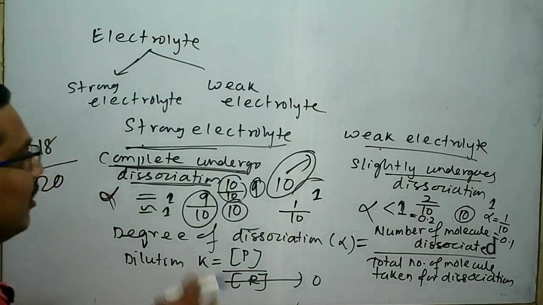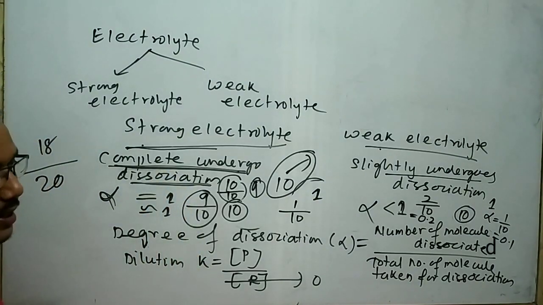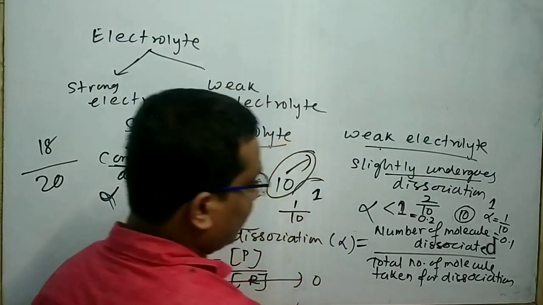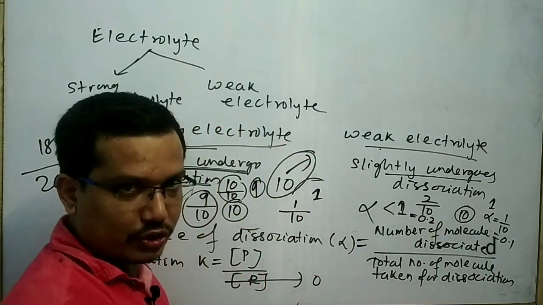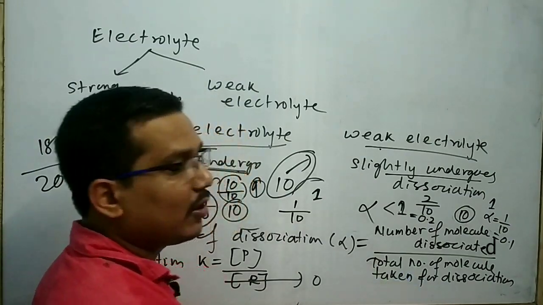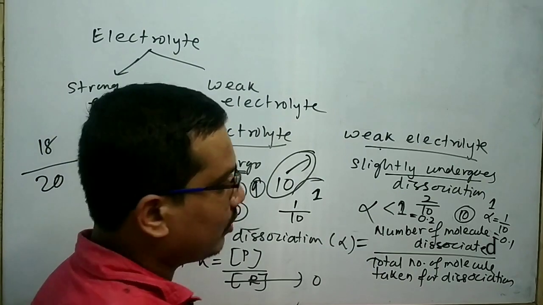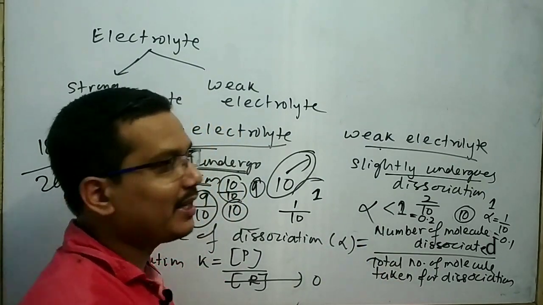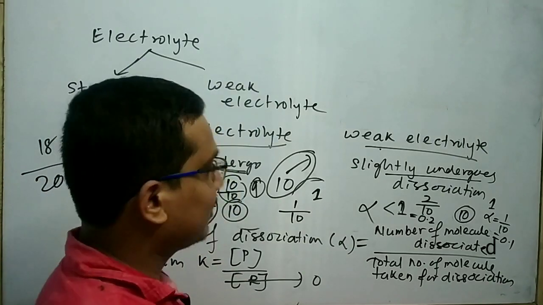As a result, the conductivity of a strong electrolyte is very high. In a weak electrolyte, a small amount of electrolyte undergoes dissociation. As a result, very few ions are produced. That's why the conductivity of a weak electrolyte is very low.